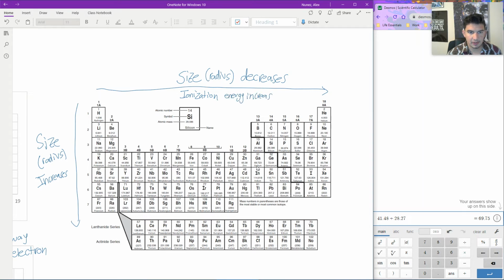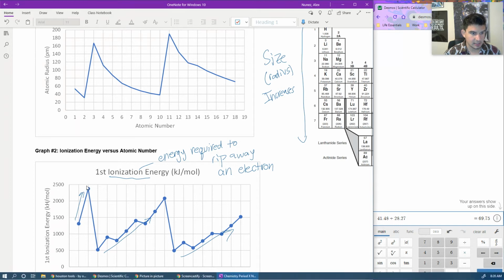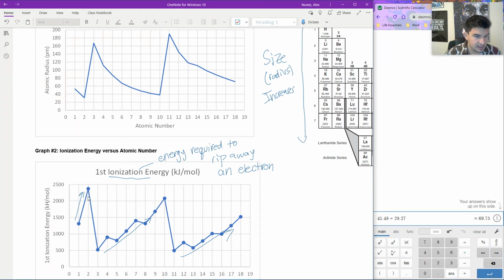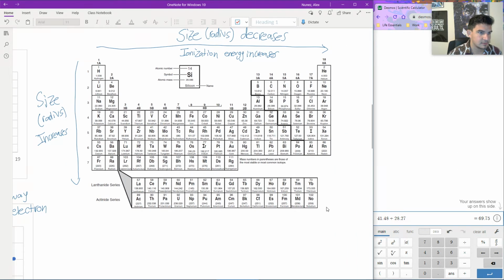So another way to think of that is that the elements on the right side hold on tightly to their electrons, while the elements on the left side are more willing to give them away. And then as we go down the periodic table, you can see that the ionization energy decreases.